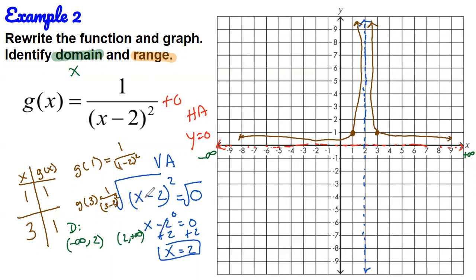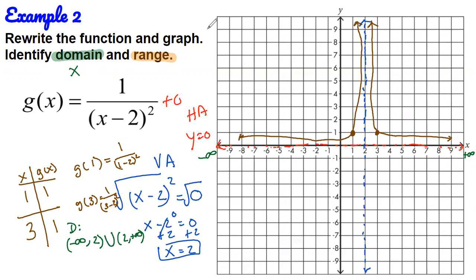Whenever we have two separate values in domains, we're gonna unify it with a union. So you're gonna see this U. U represents the union. Basically, we're gonna unify those two values in the domain, and we're gonna sync it all together. So from negative infinity all the way to 2, with our union of 2 all the way to positive infinity.